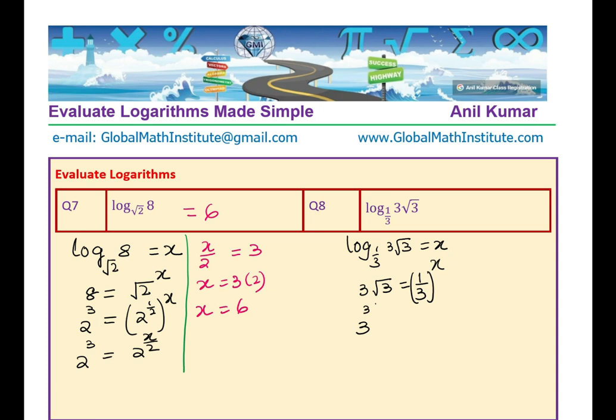So this is 3 by 2. And this is 3 to the power of minus x, correct? And therefore, we have 3 by 2 equals minus x, or minus 3 by 2 is equal to x. Makes sense. So this is equal to minus 3 by 2. Clear? So we are done with this particular question where we have radicals.